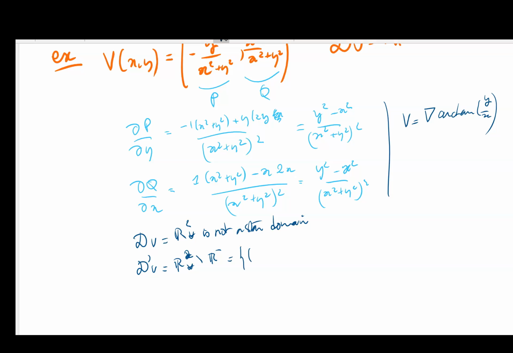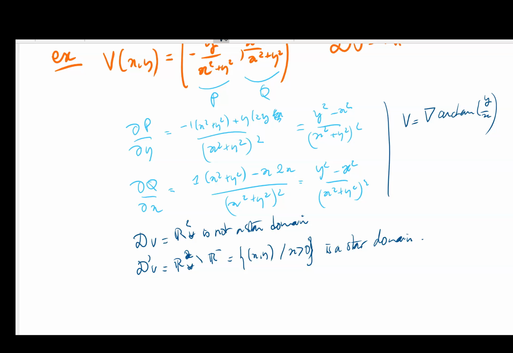That would be (x, y) in R² such that x is greater than 0. Well, let's choose R² plus, just the half plane. Okay, greater than 0, that's going to be a star domain. Okay, so let's keep this example in mind for later on when we will do some further calculations.